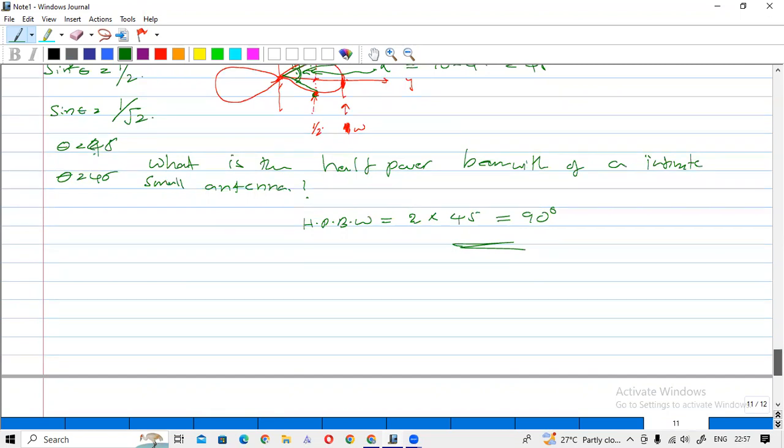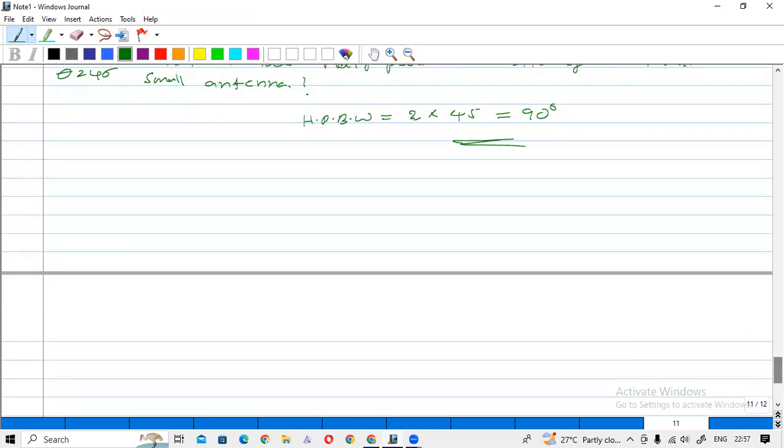So that is the half power beam width. And another parameter is the antenna radiation resistance.